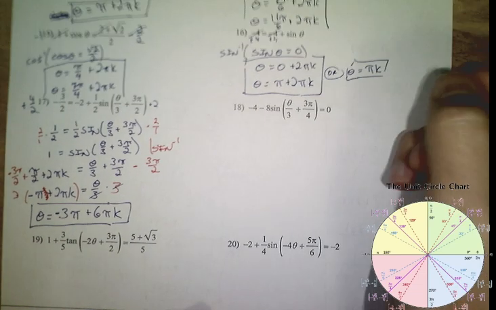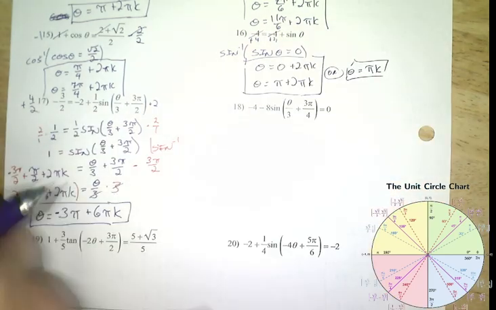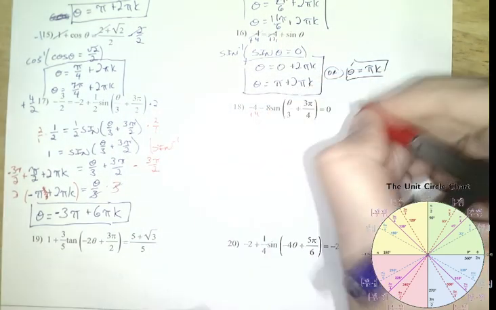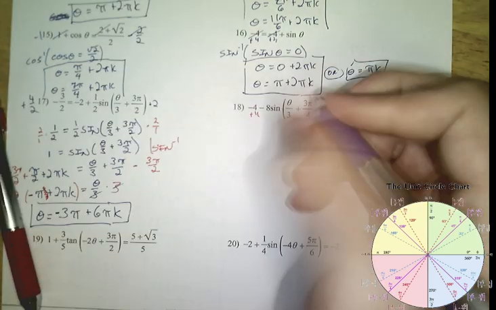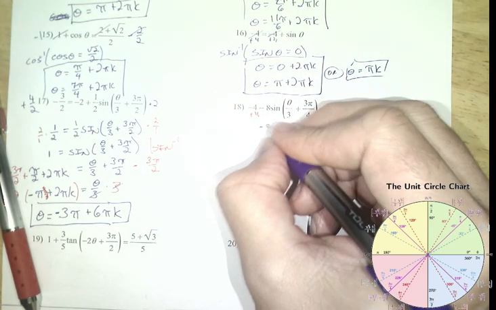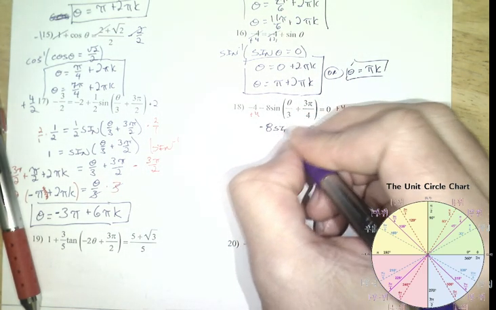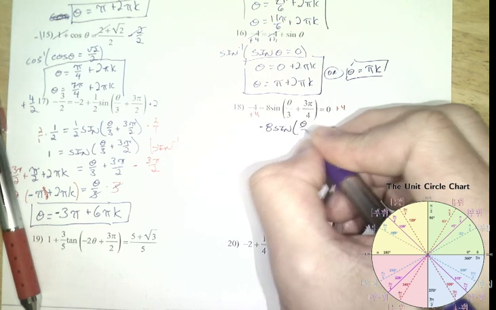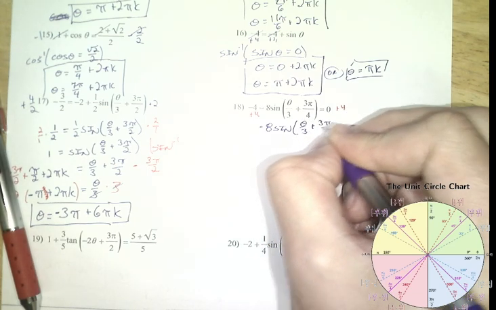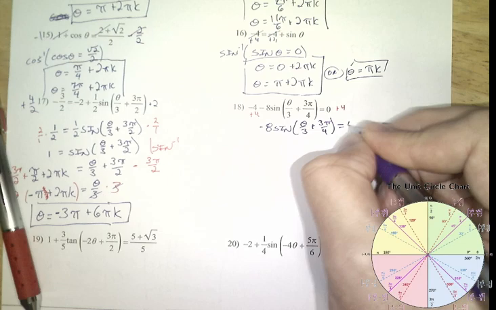Three more. Start by adding 4. That gives us negative 8 sine theta over 3 plus 3 pi over 4 is equal to positive 4.